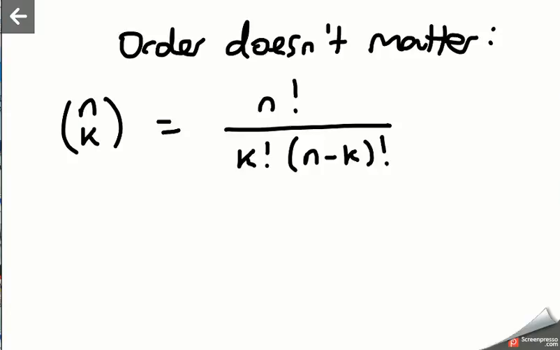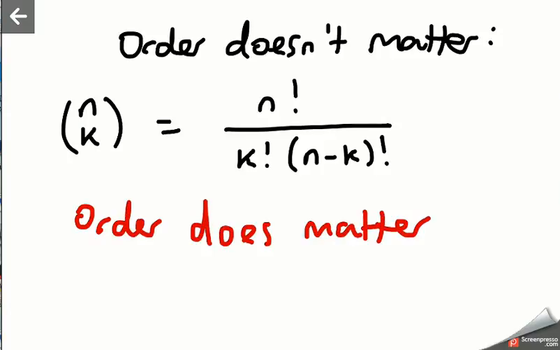If I say order does matter, all I need to do is get rid of this k factorial, because the whole purpose of that k factorial is to eliminate the k factorial different arrangements in which they can be chosen. I want to divide by that because otherwise each choice is going to be counted k factorial many times.